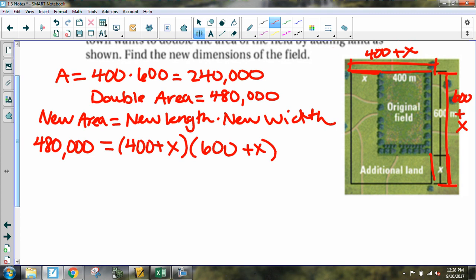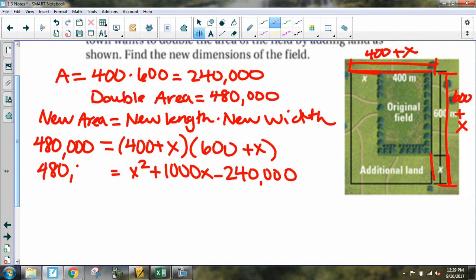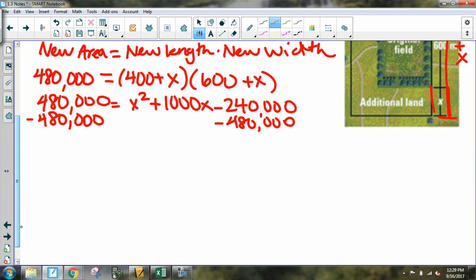Okay? So we're going to multiply that side, and you're going to get, I'm just going to simplify it for you, x squared plus 1,000x plus 240,000. So that's what we have on that side, and we have 480,000 on the left side. So we want it to be equal to 0, so we're going to subtract the 480,000 from both sides. Okay? So we have 0 on this side, and we have x squared.